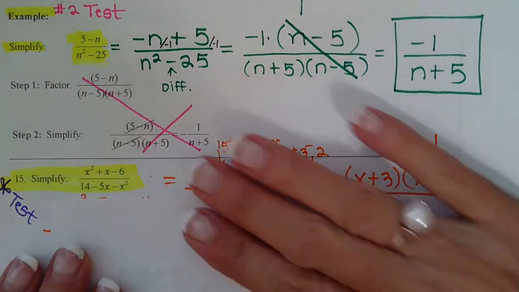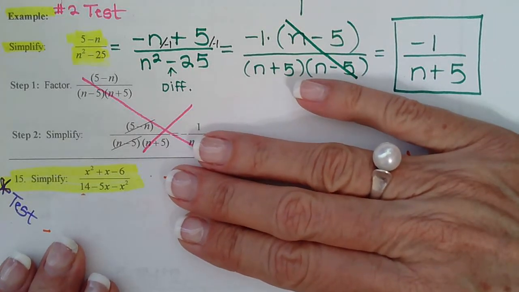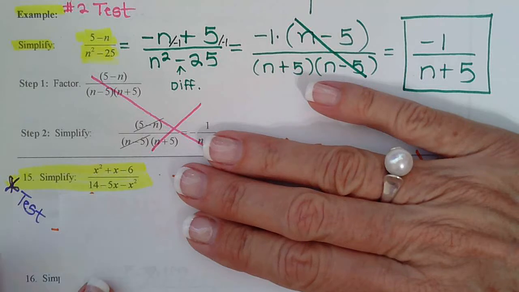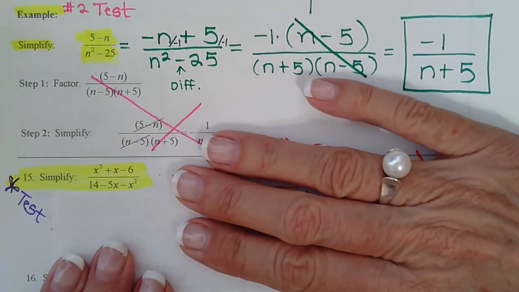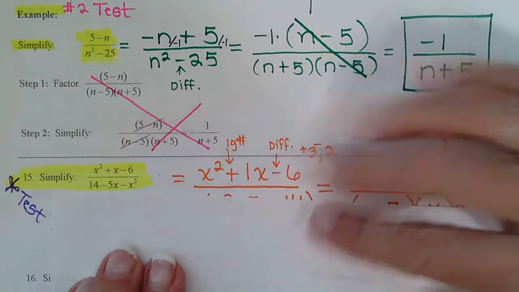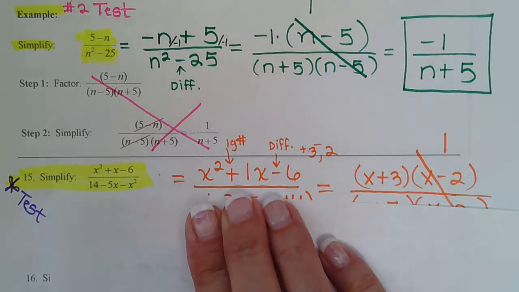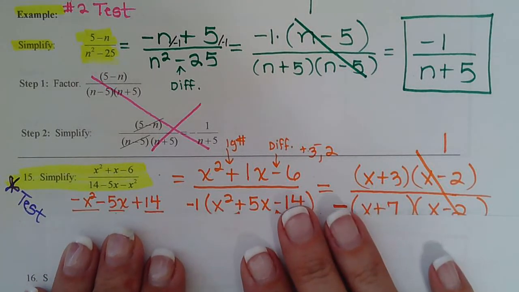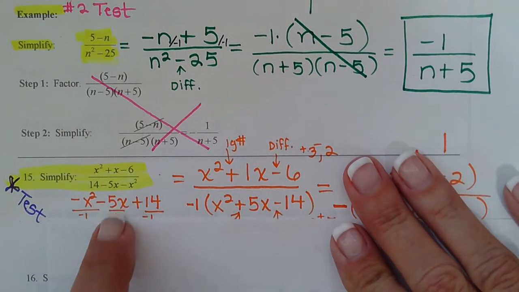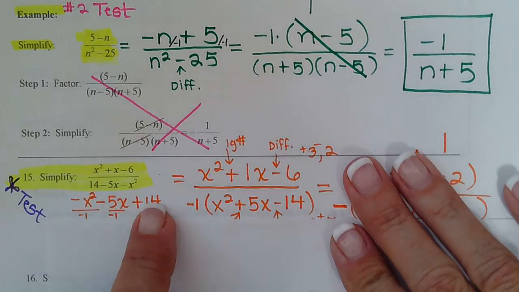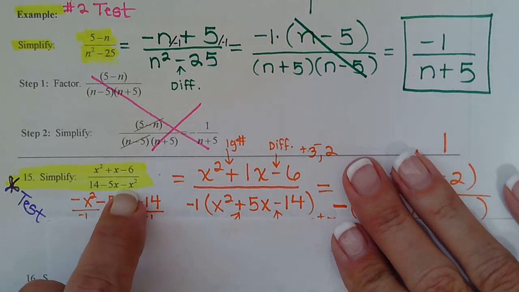Okay, so let's take a look at this next one. So the first thing I notice is that the polynomial in the denominator is written backwards. So I keep the numerator the same, x squared plus, and I put the 1 in because we like the 1 when we're factoring, and I turn the denominator around, negative x squared, negative 5x, positive 14, making sure to keep all the signs that are in front of it with it.